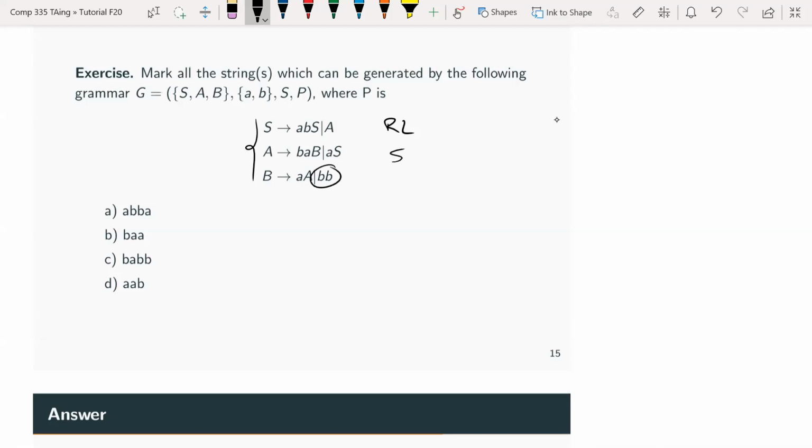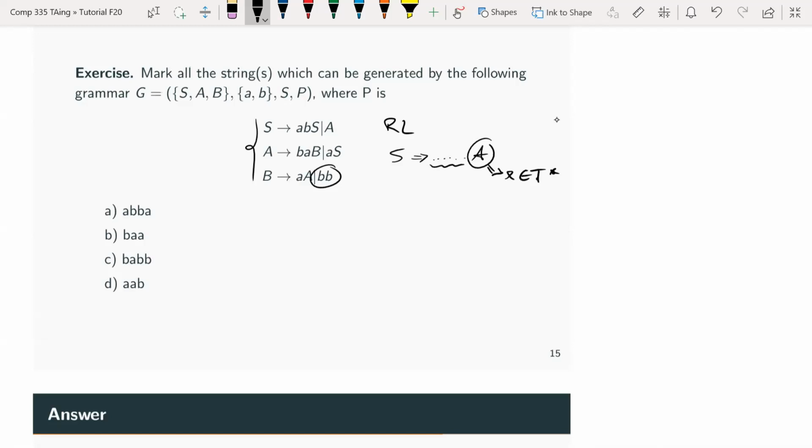Remember, what does a right linear grammar mean? It means that I'm going to have terminals here, and then I'm always going to have a variable here. So because it's right linear, the last derivation rule is always going to replace the rightmost variable, which is the only variable, with x, a string of terminals.